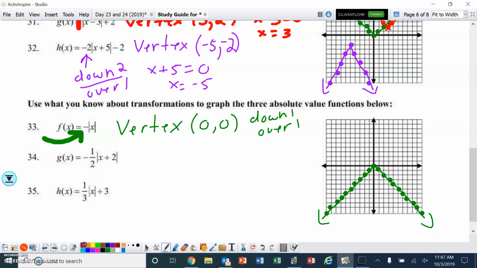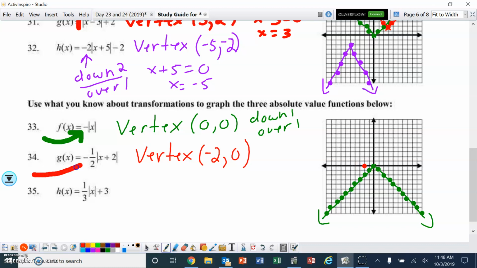All right, number 34, so the vertex here is -2 and 0. Okay, there is no number behind the absolute value, so that y value is 0. And again, look at the ones up above if you do not know how I got the -2. So -2, 0. So left 2. So there it is. There's the vertex.